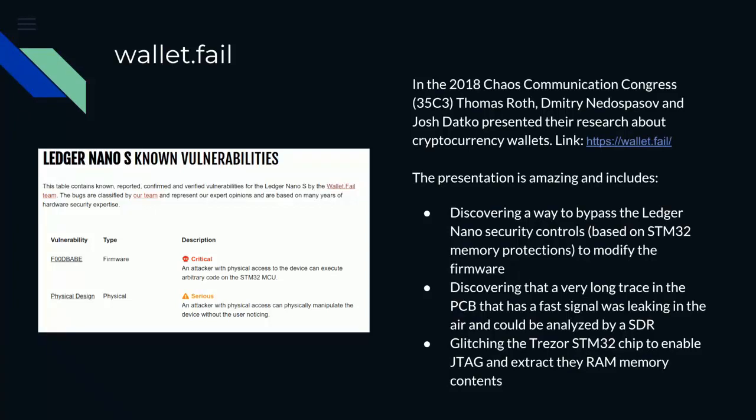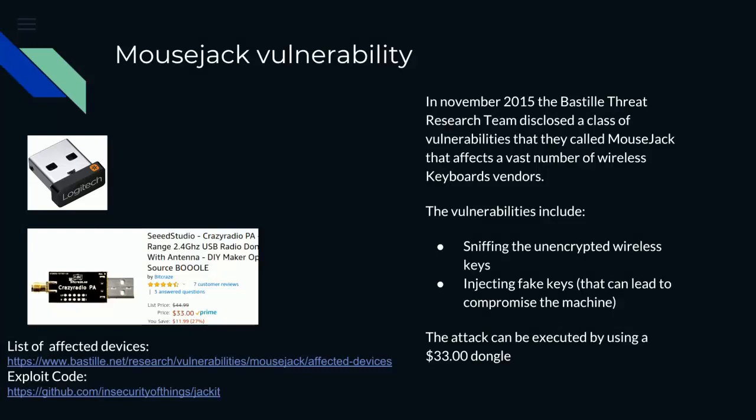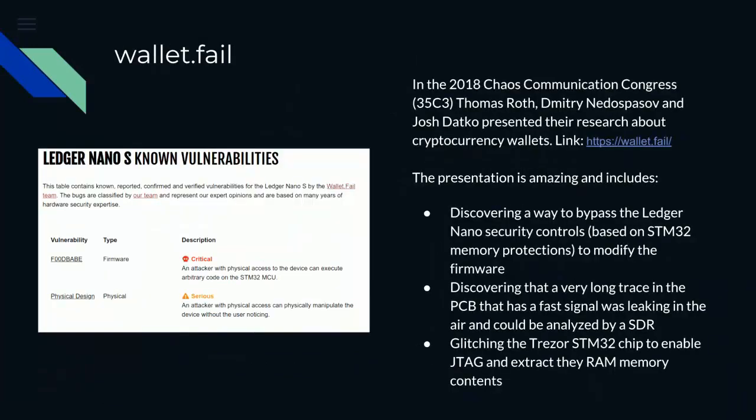Also, there was another version of the Ledger that has a screen, and while they were doing the PCB reverse engineering, they saw a very long trace that has a very fast signal. Well, what's that? That's basically an antenna. And it turns out that they were able to see what key press the user was doing on the screen just by using a software-defined radio.